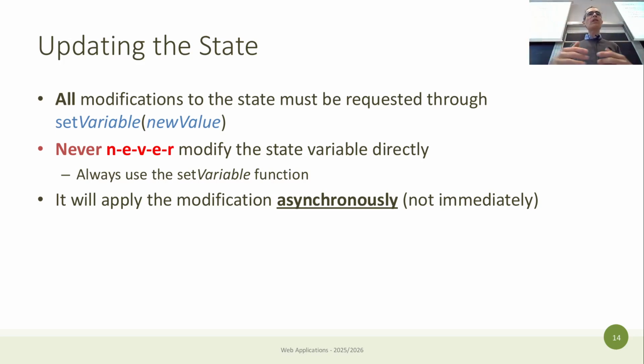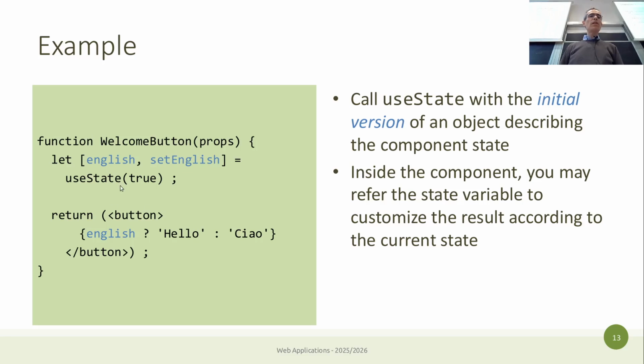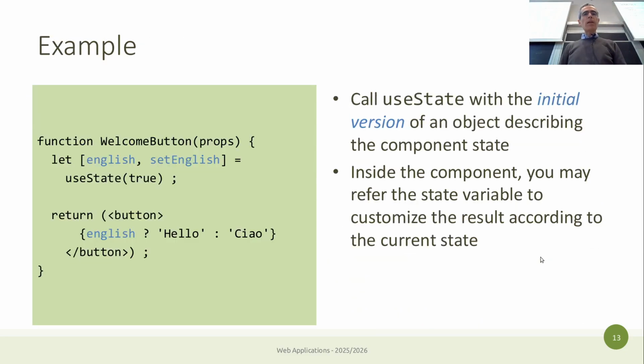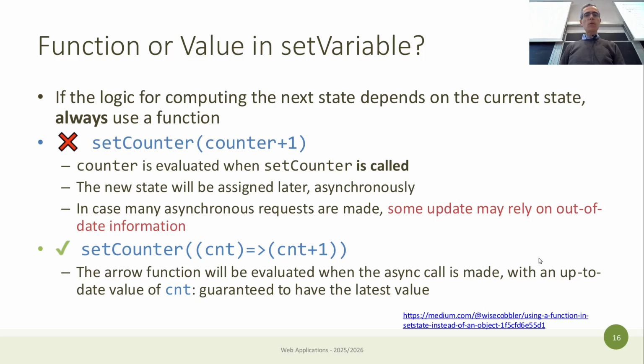So you need to keep this in mind. It's not like here: set hidden true, and then we expect that hidden is immediately true. No. On the next render of the component, hidden will be true. Okay, good. So let's do a test.